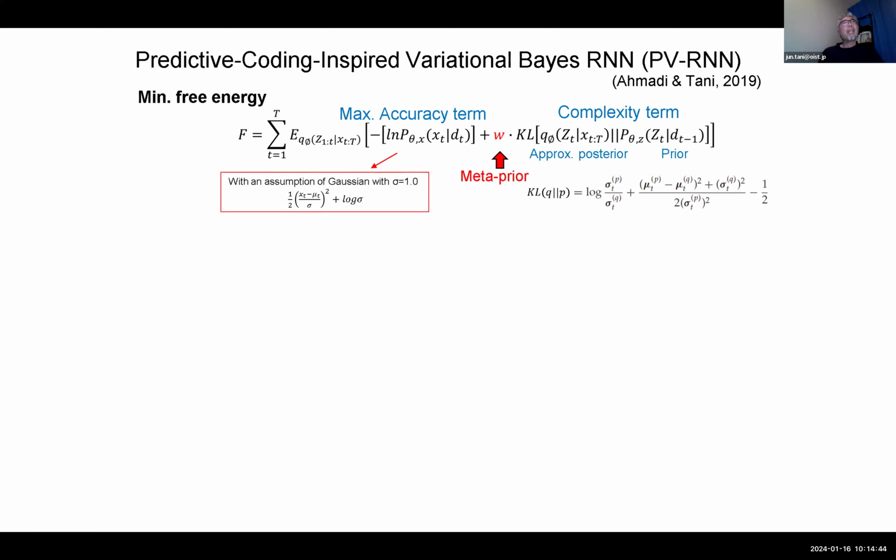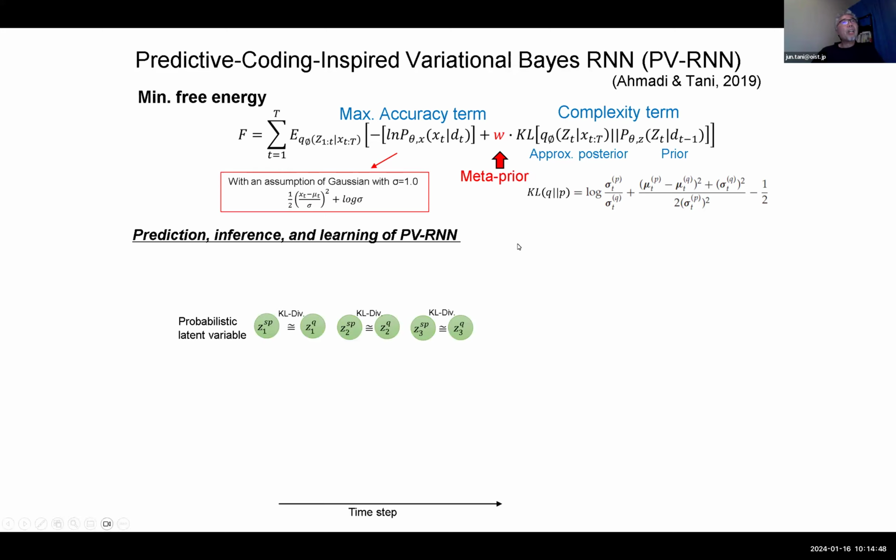Now I'm going to explain the graphical model of this. Time steps go this way. We have first a probabilistic latent variable with a Gaussian distribution. Here we follow the idea of the sequence Gaussian prior proposed by Chung.